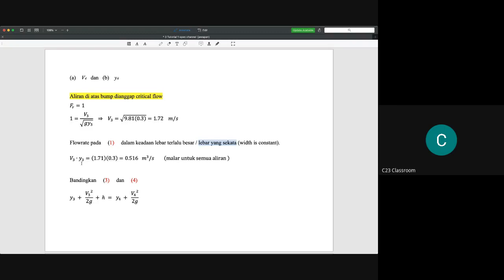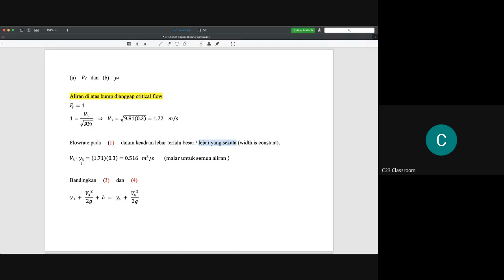Again, I would like to remind you, the energy before and after the hydraulic jump is not the same because the hydraulic jump causes losses. But the flow rate before and after the hydraulic jump must be the same because we are dealing with incompressible flow, which is water.